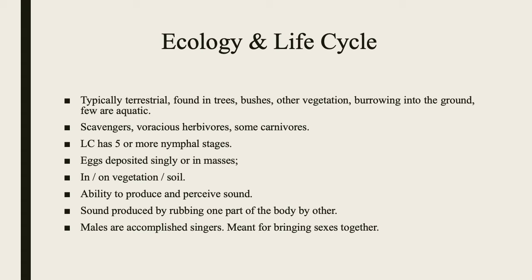We come to the ecology and life cycle of orthopterans. So, orthopterans are typically terrestrial. They are found in trees, bushes and other vegetation on the surface of or burrowing into the ground, and occasionally they are also found in caves. A few species of orthopterans are aquatic or semi-aquatic also.